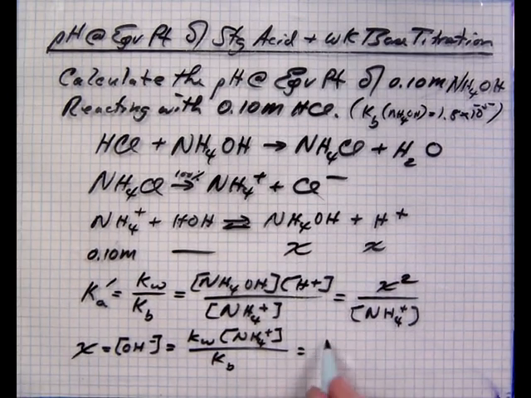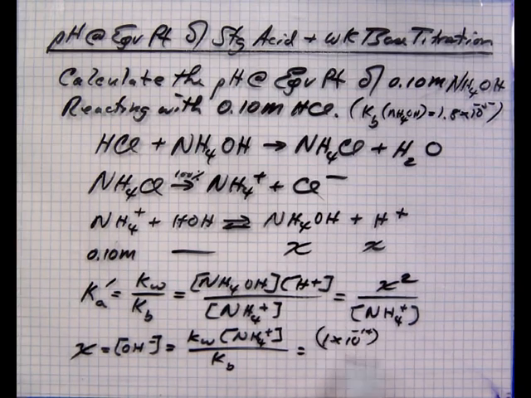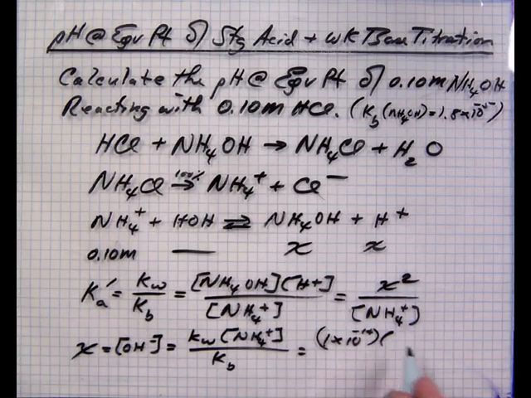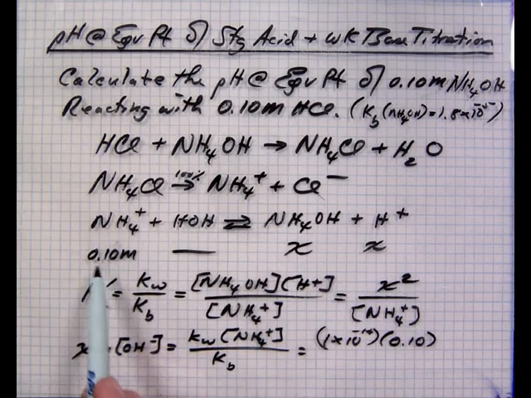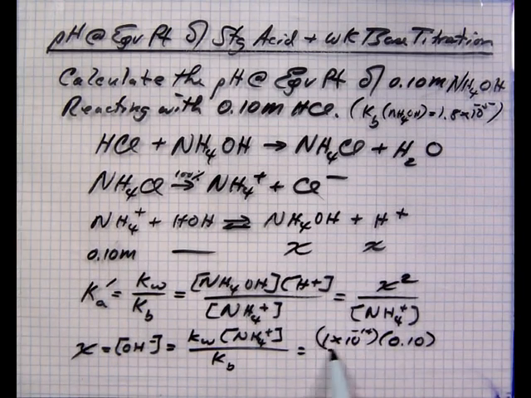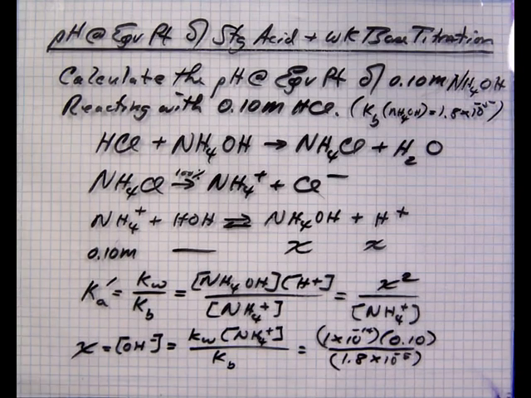And so that's 1 times 10 to the minus 14, 0.10 molar for the cation concentration, and we have the Kb value given right there.